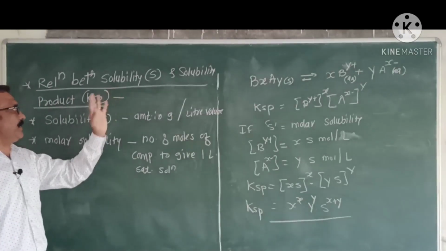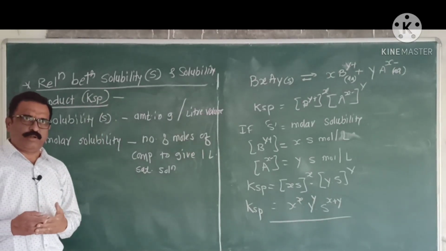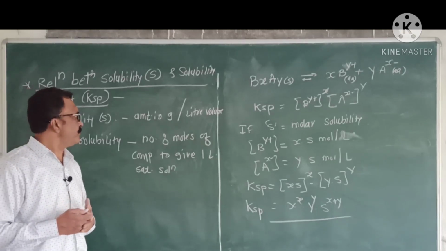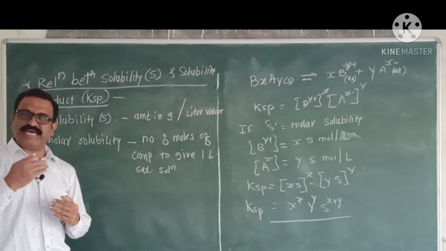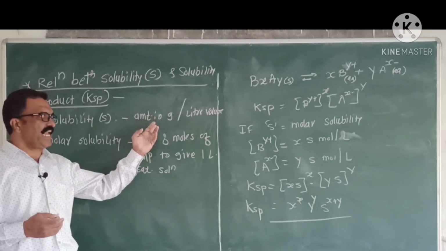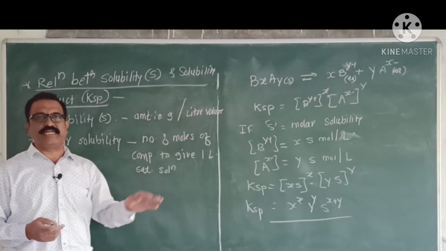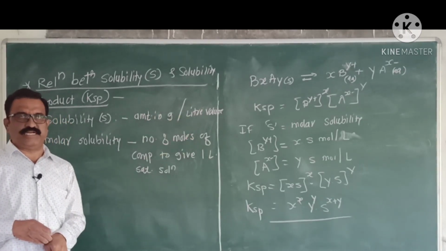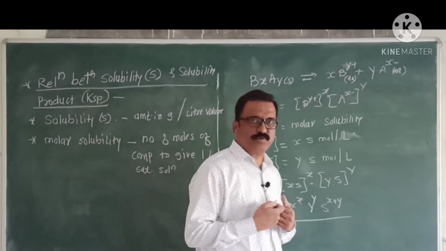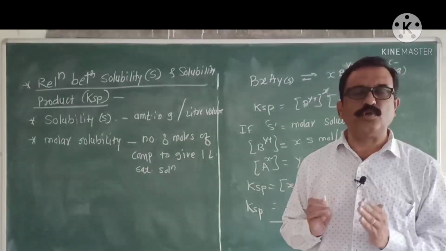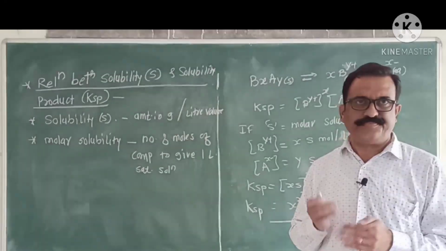Relation between solubility and solubility product. We know that solubility means the amount of that substance in grams dissolved per liter volume. That is, the amount of substance in grams per liter volume is called the solubility of that compound. Okay.